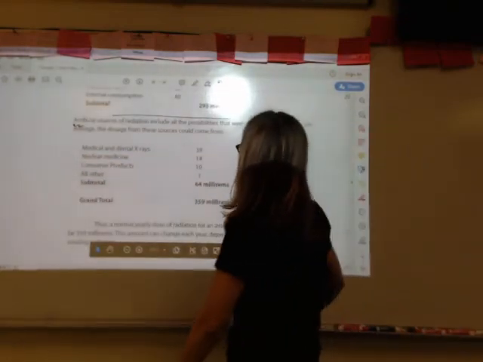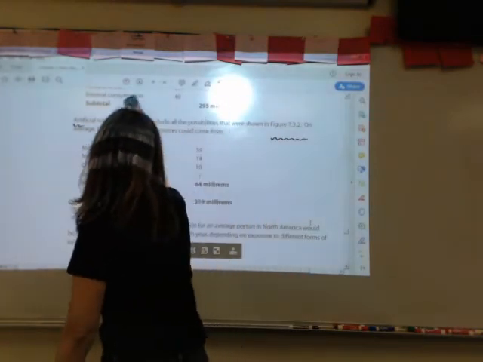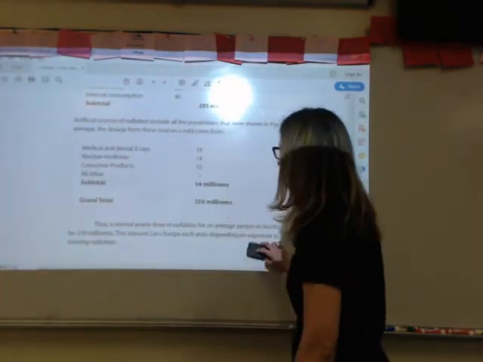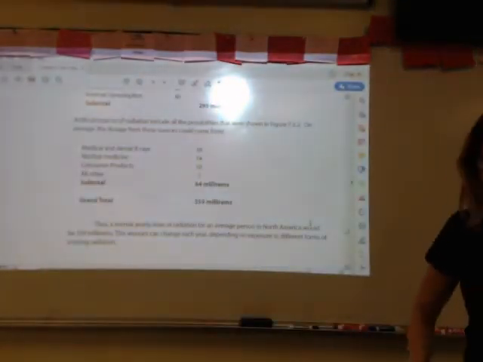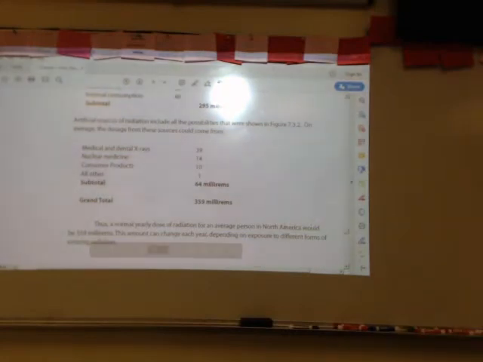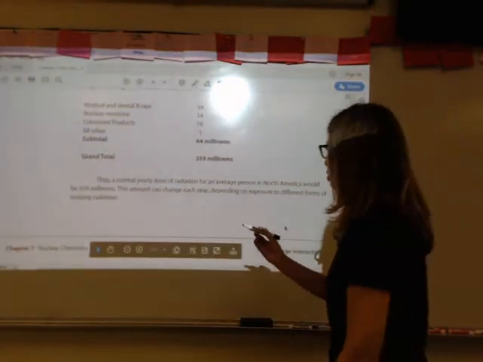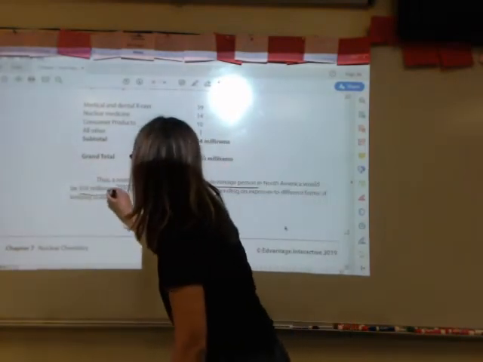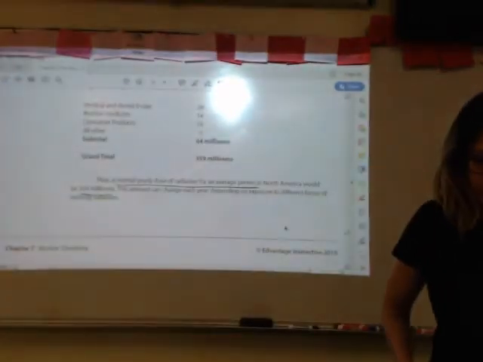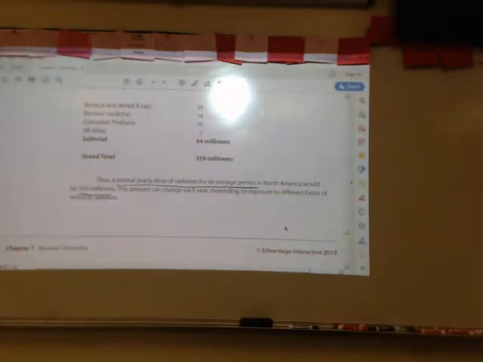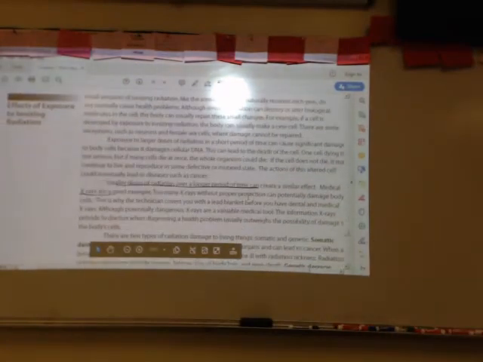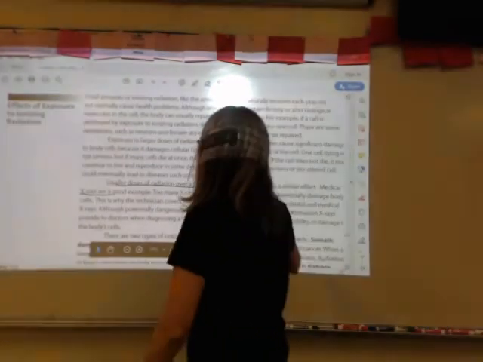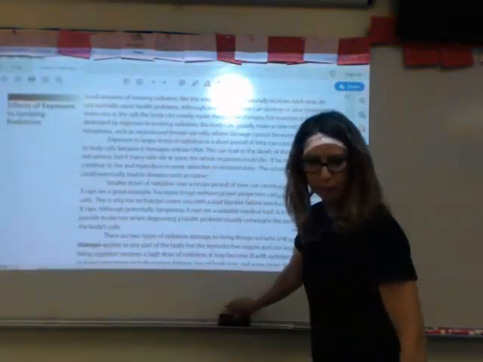Artificial sources of radiation come from medical and dental X-rays, nuclear medicine, or consumer products. So the normal yearly dose of radiation for an average person in North America is about 359 millirems.